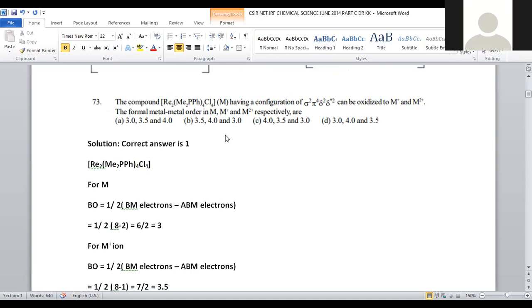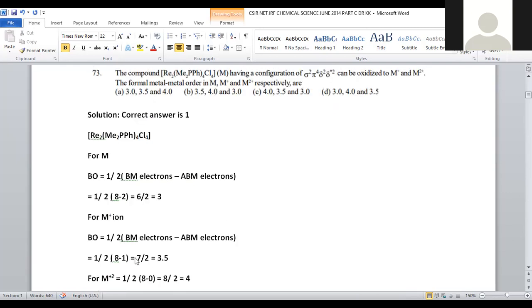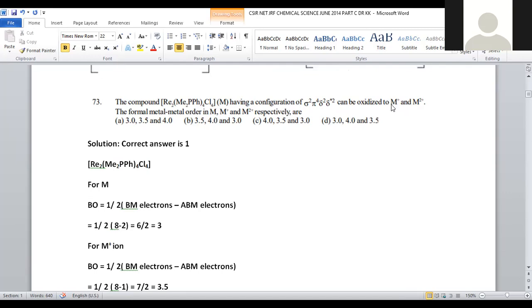Then 1/2. How many bonding orbitals are there? The orbitals which are not indicated by the asterisk mark are called bonding. Asterisk orbitals are anti-bonding orbitals. So here, how many are there? 2 plus pi 4, 6 plus 2, 8 electrons are present in bonding. M2 is in the zero oxidation state, so the entire electrons will be considered for this bond order.